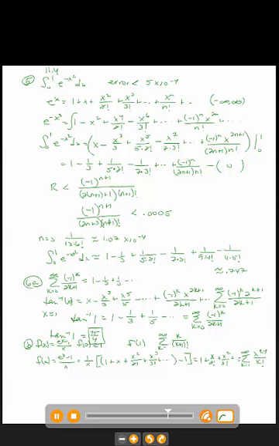And that converges from negative infinity to infinity because e to the x converges. And so now they want us to find the derivative.